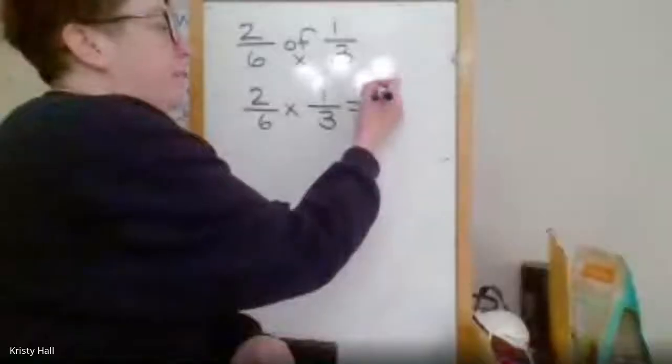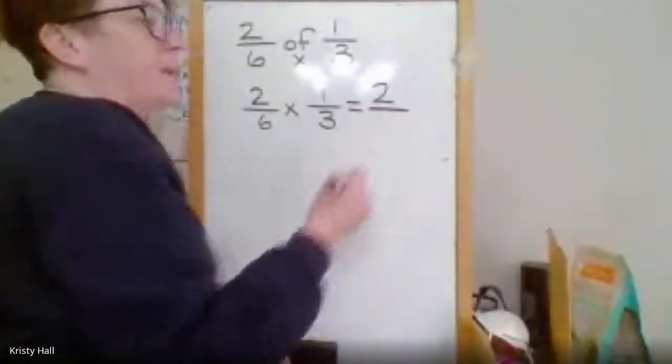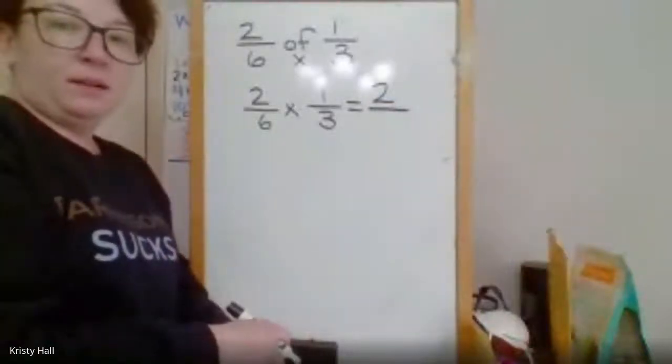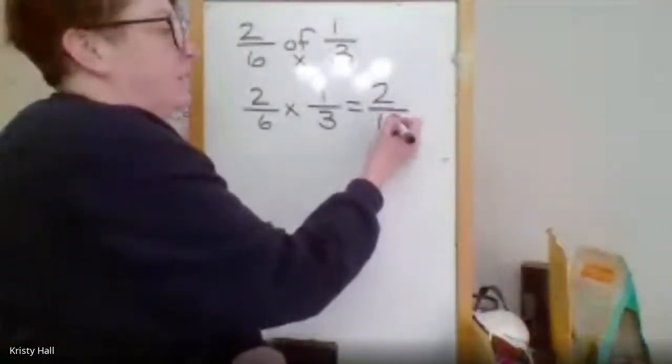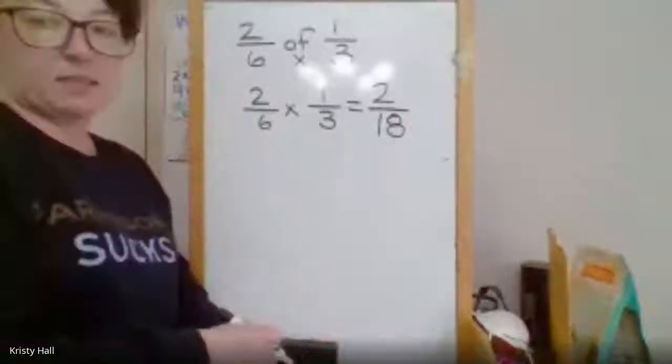Two times 1 equals 2. Perfect. And what about 6 times 3, Nathan? 18. Perfect. So our answer is 2/18.